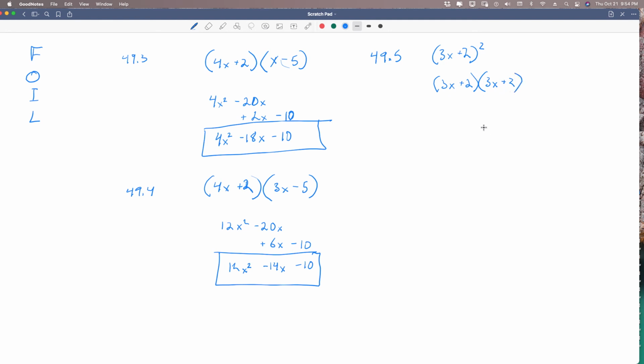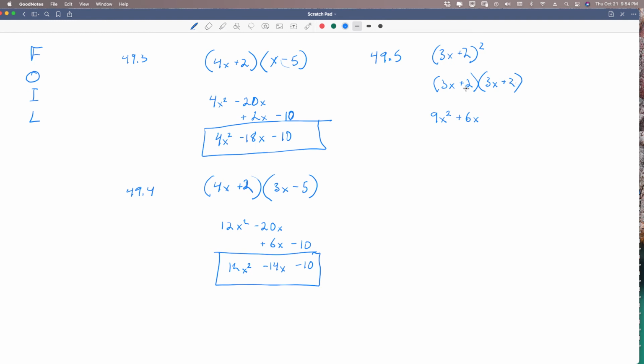Now we can do our math. We're going to do the first terms. 3 times 3 is 9. X times x is x squared. So 9x squared. Now we do our outer terms. 3x times 2 is going to be plus 6x.